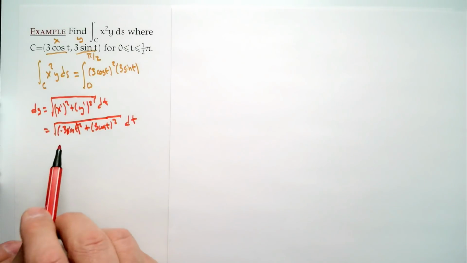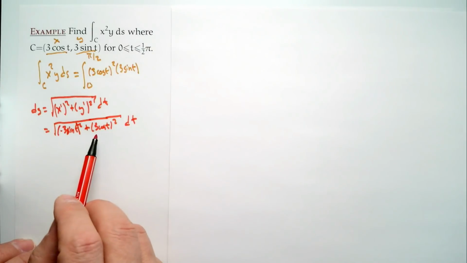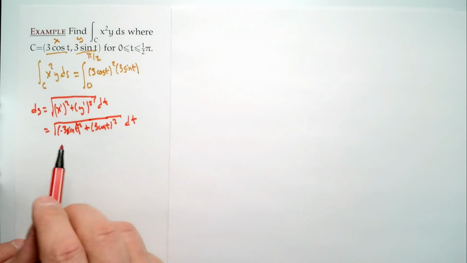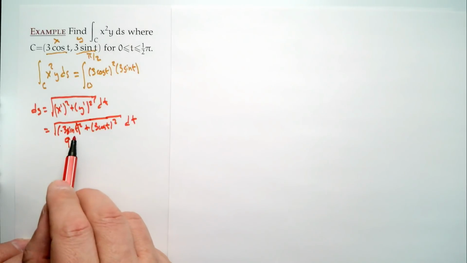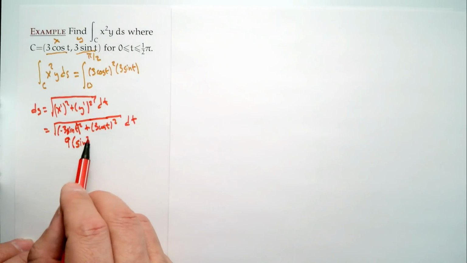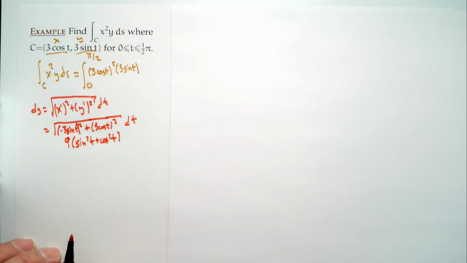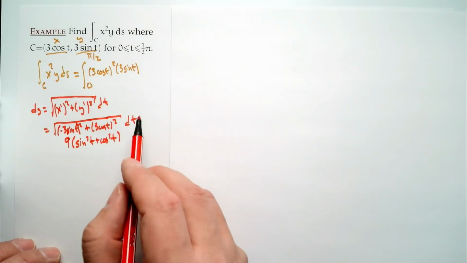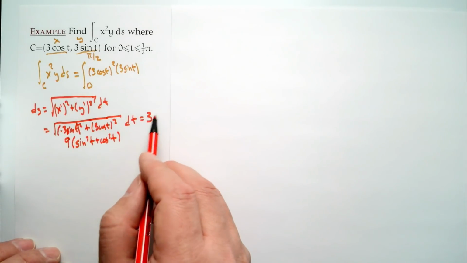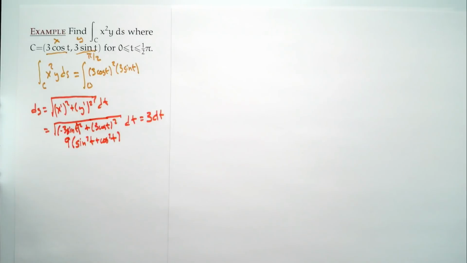Well, you get 9 sine squared plus 9 cosine squared. Now that's a nice thing. So what I really have on the inside is 9 times sine squared plus cosine squared. And sine squared plus cosine squared is 1. So meaning that this simplifies to be 3 dt. So that's good.